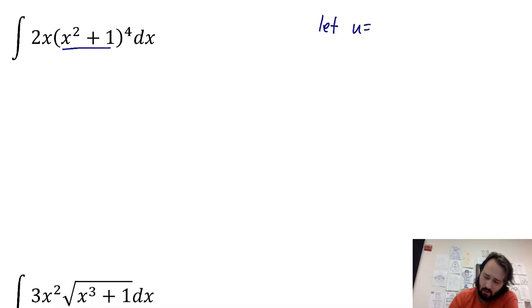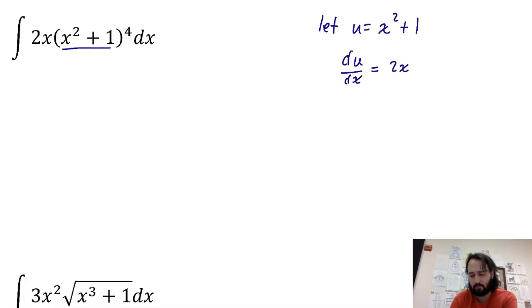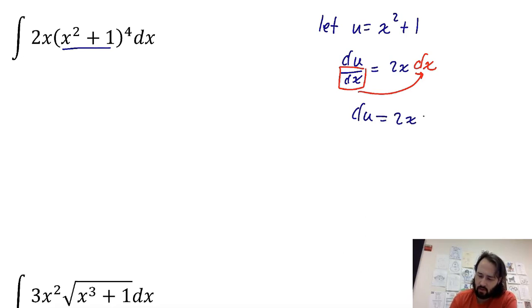If I let u equal x squared plus 1, and I take the derivative of that, the derivative of u with respect to x is 2x. So if I multiply up this dx, then I have du equals 2x dx.